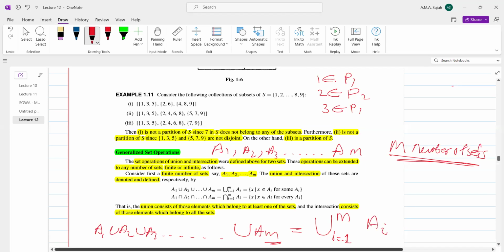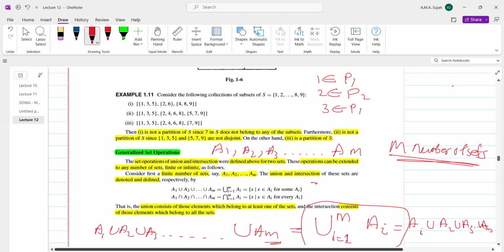So if I write this way, you need to understand starting from A1 union A2 union A3 union until AM, right? So this is the short form of the union of M number of sets, right?